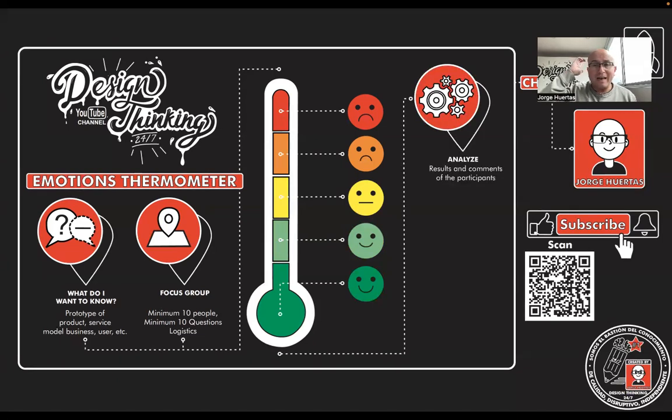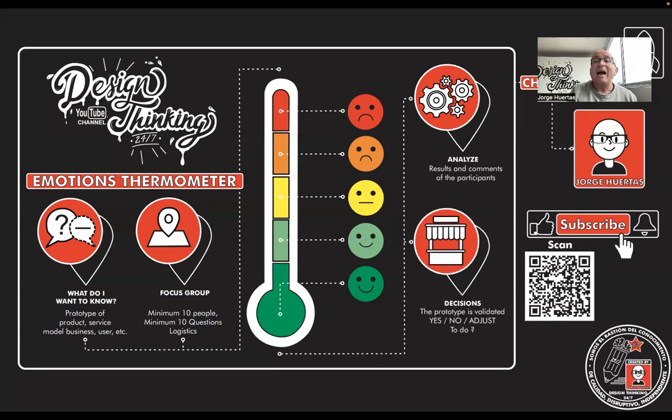After you make the test, you analyze the results and the comments of the people, because they can say why they don't like it, why they don't feel it. So you can assess and analyze all the different results. And with that, you can decide if the prototype is validated or not.